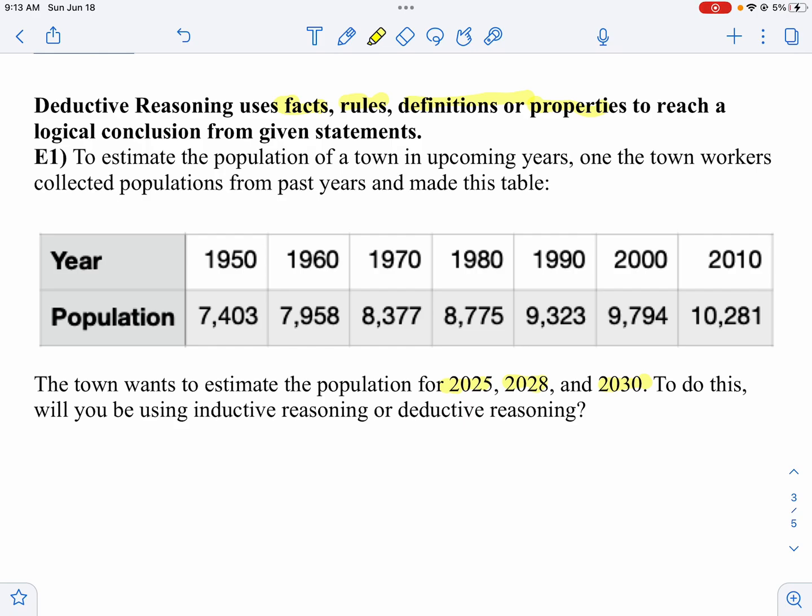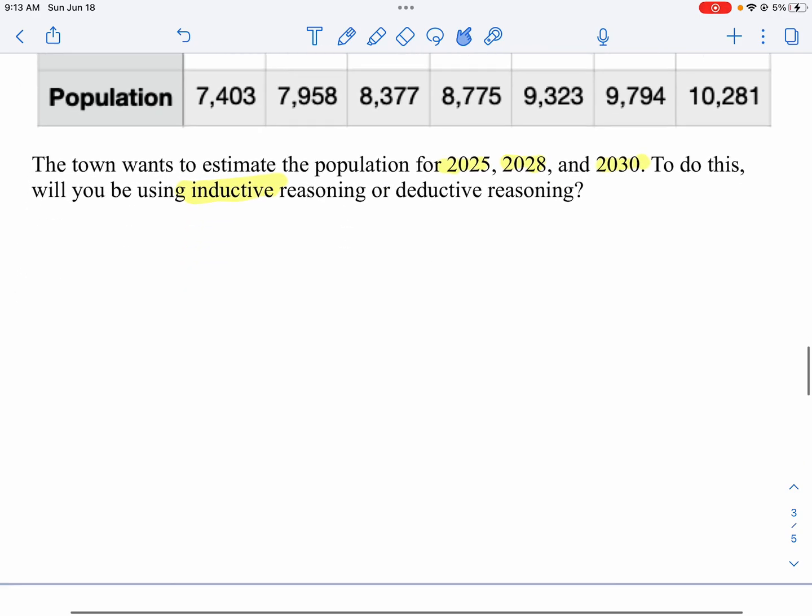Well, we're not using facts here because we're going to look at a pattern to guess what's in the future. Anytime you're doing a guess, you're doing a conjecture. That's inductive reasoning. Algebra would be deductive reasoning, where you give an equation and we're going to use facts to find the answer.